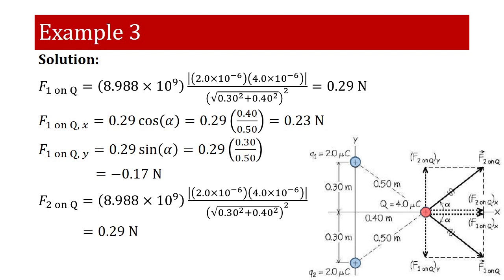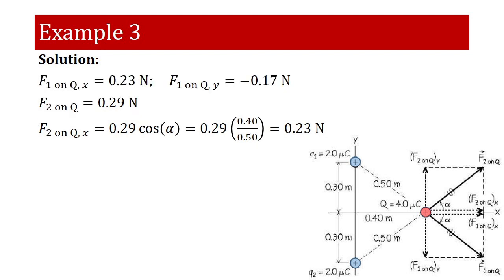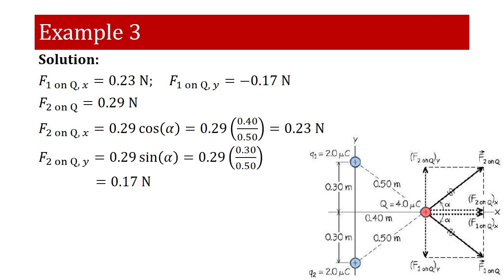And again, you will break this down into x component and y component. You will use the same trigonometric functions. 0.29 cosine alpha, adjacent over hypotenuse. Adjacent is 0.4, hypotenuse is 0.5. So you multiply it by 0.29, you get the same value of 0.23 newtons.